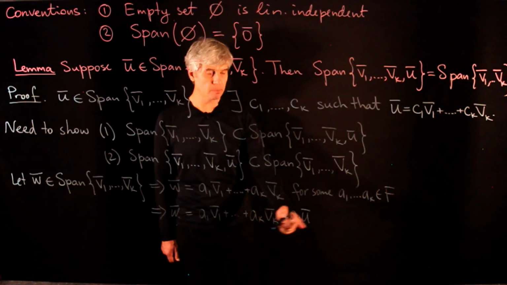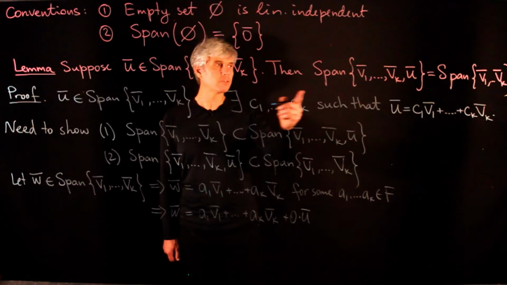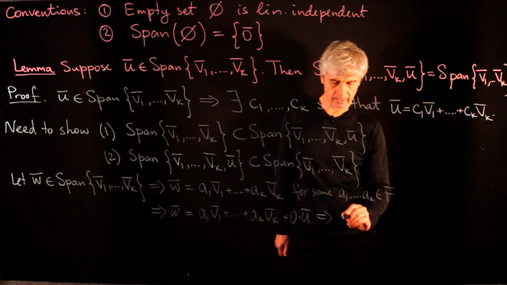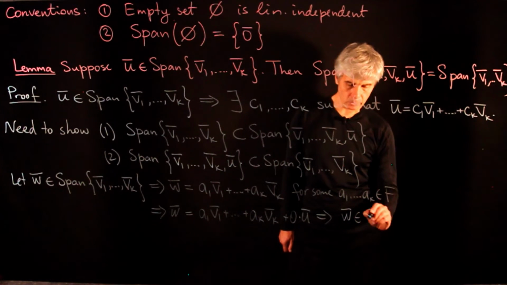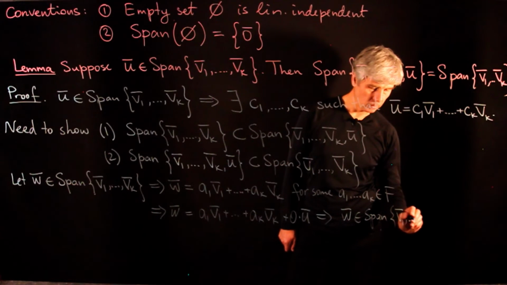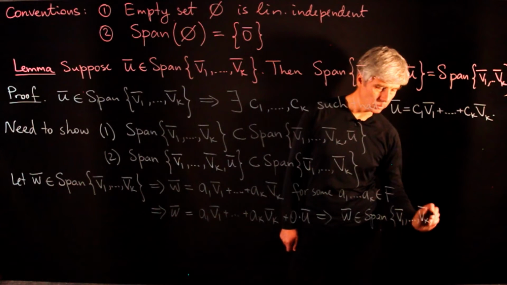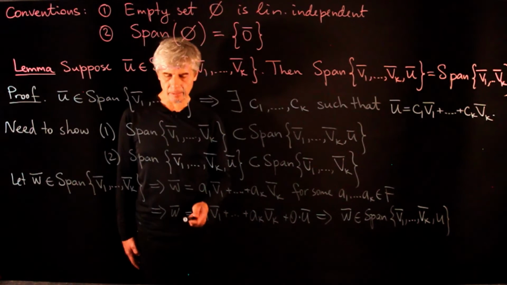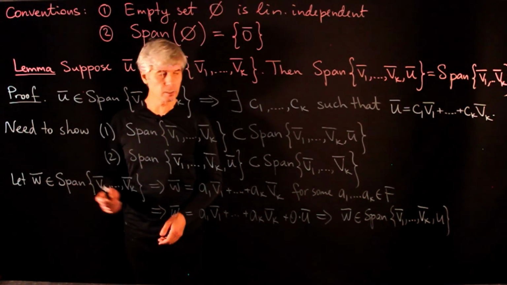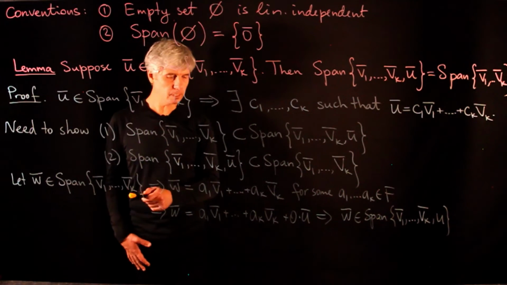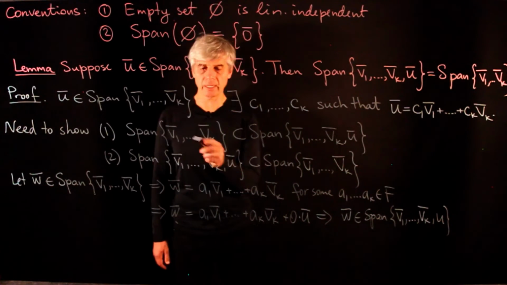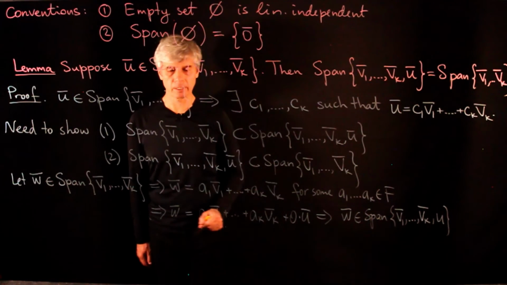And now this becomes a linear combination of this larger set. And so w belongs to the span of v1 through vk together with u. Here we proved that every vector from the span of the v's belongs to the span of the v's together with u. So we have inclusion here.